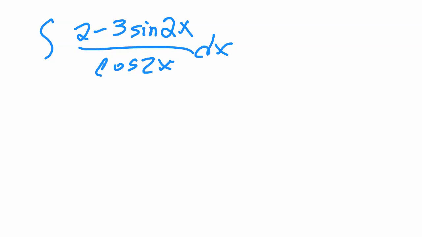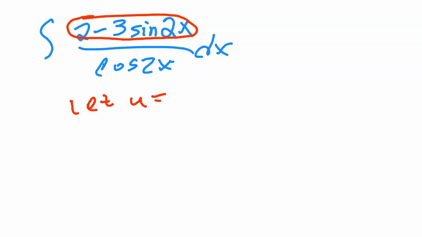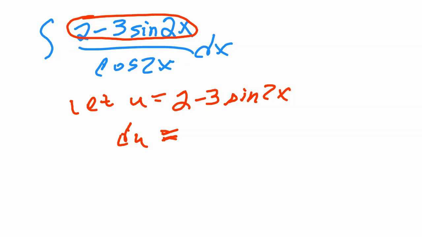So let's do that. I'm just going to try and take that whole thing up there and substitute it. I'm going to say let u equal what's on top, and that's 2 minus 3 sine 2x. And if I take the derivative of u with respect to x, what do I get here? The derivative of a constant is 0.